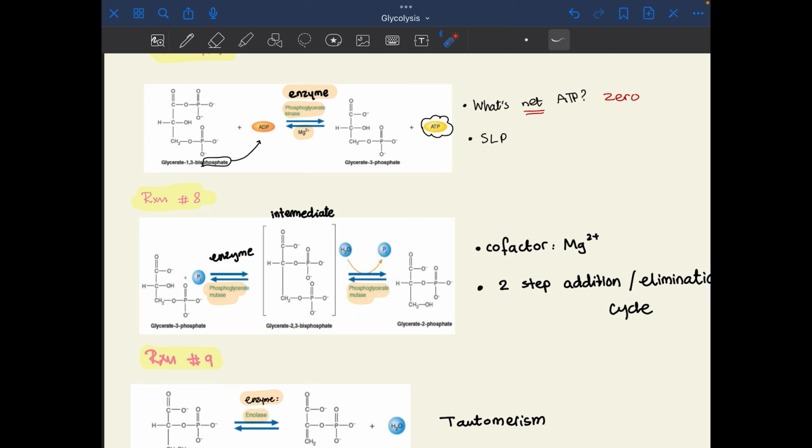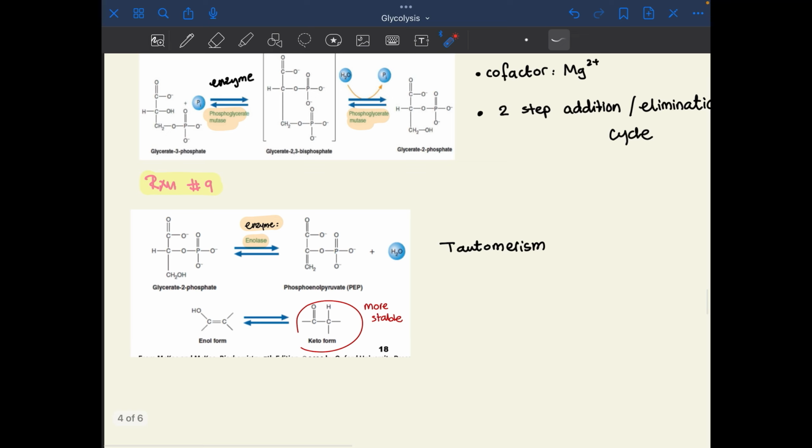Okay, and this reaction has an intermediate, which is glycerate 2,3-bisphosphate. Basically, this reaction is a 2-step addition-elimination cycle. What does that mean? Basically, we had glycerate 3-phosphate, right? We add a phosphate to carbon number 2 and we remove the phosphate from carbon number 3. So addition and elimination.